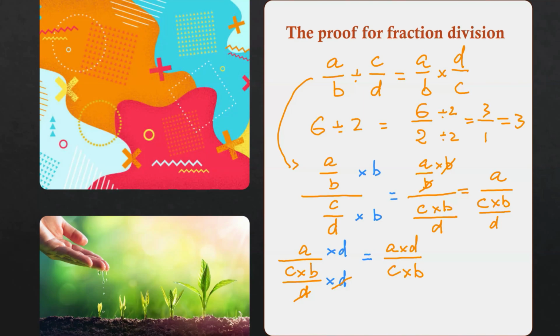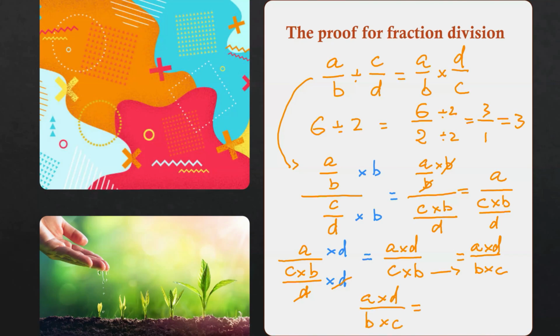Now we can break the thing apart. The commutative property allows us to swap the bottom. So that will become a times d over b times c. Now finally we can break them up. So we have a times d over b times c.